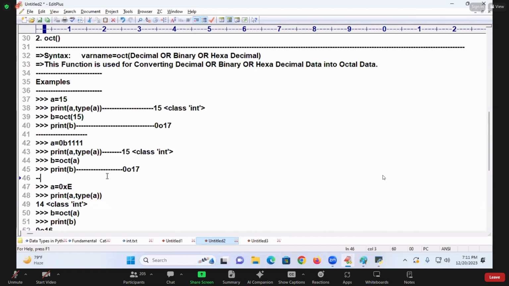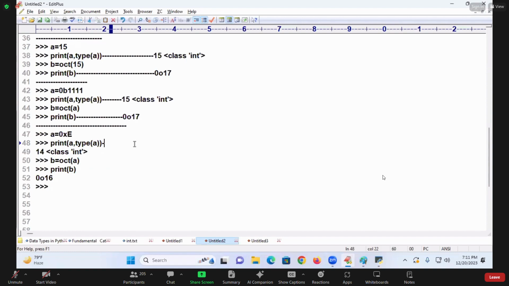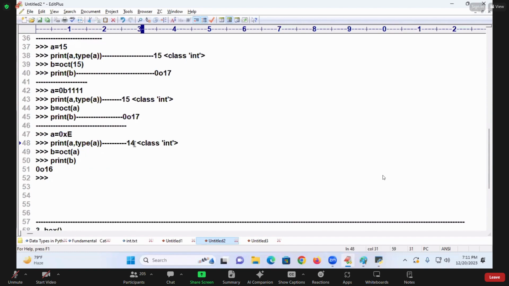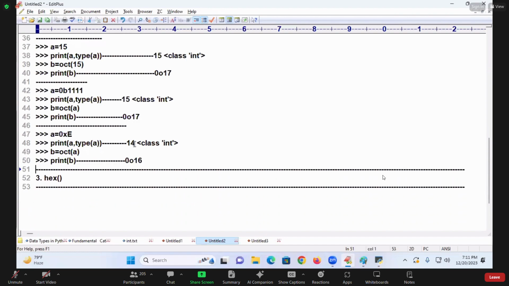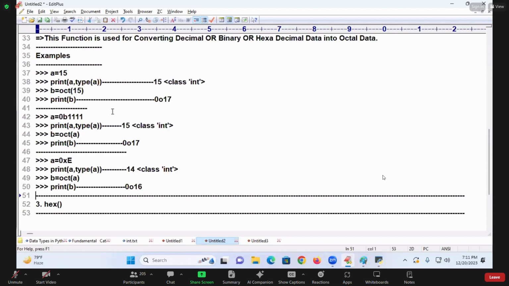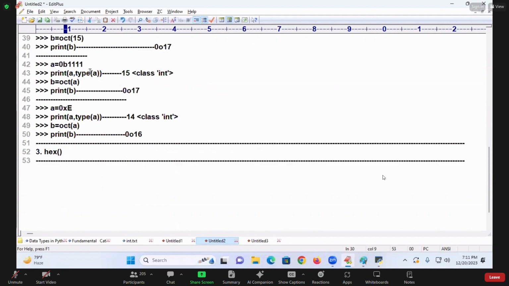Next is hexa, and hexa is getting converted like this. Now I'm going to get this data as something like this. Understand this? This is about the oct function concept, oct function is done. Next is called what?